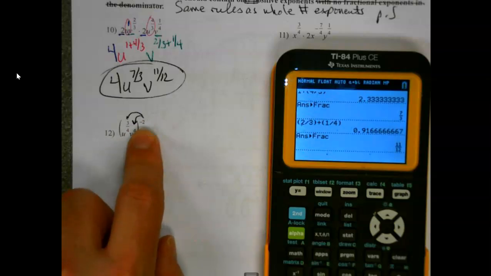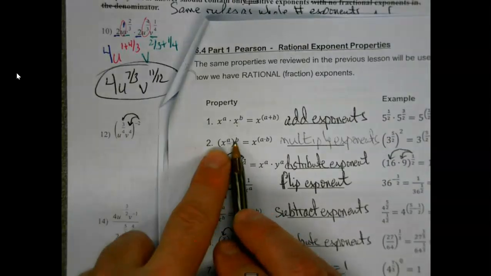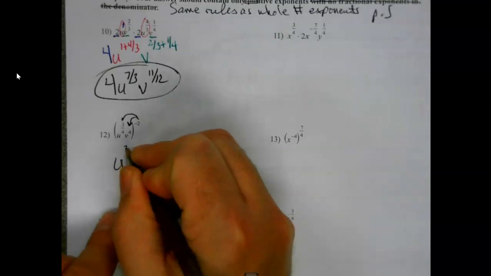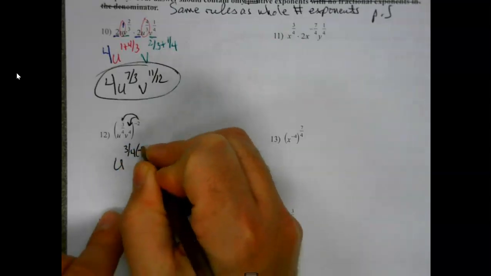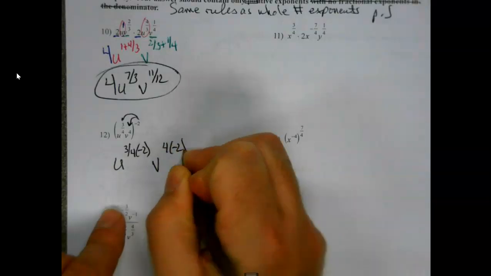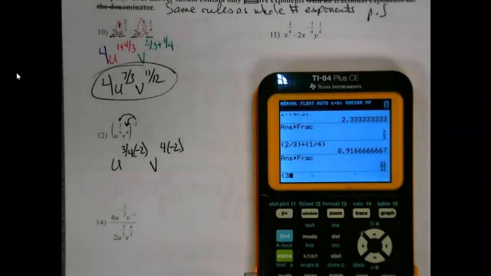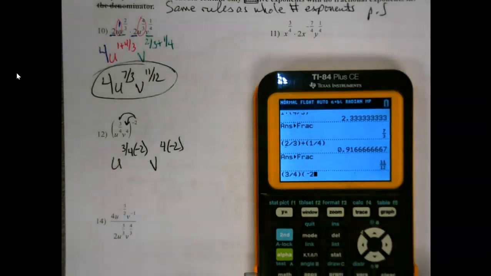Power to power. Okay, stuff with parentheses. We're multiplying the exponents. Again, I get myself help. If I know the basics, my calculator knows the rest.